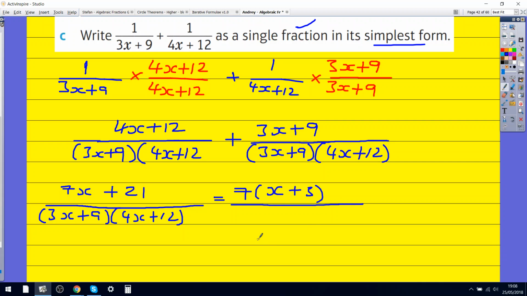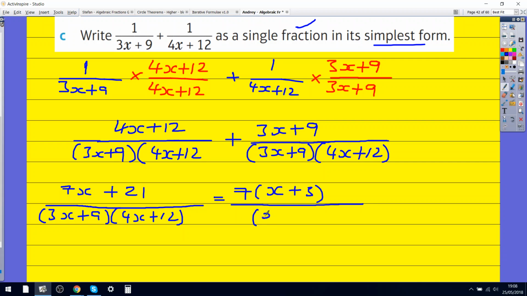How about what's on the bottom? So 3x plus 9. Can you factorize that? Can I factorize that to x plus 3? Yeah.